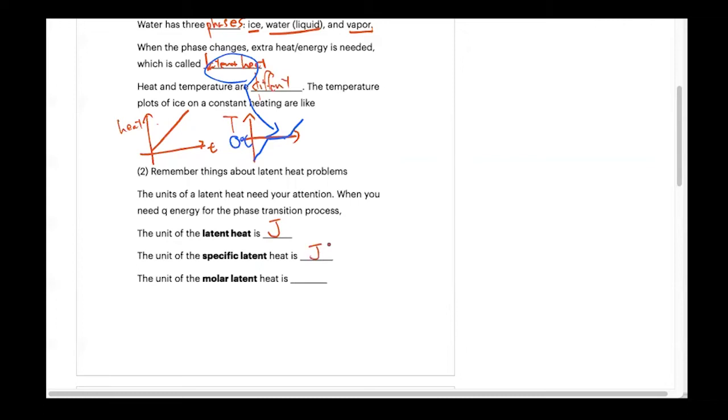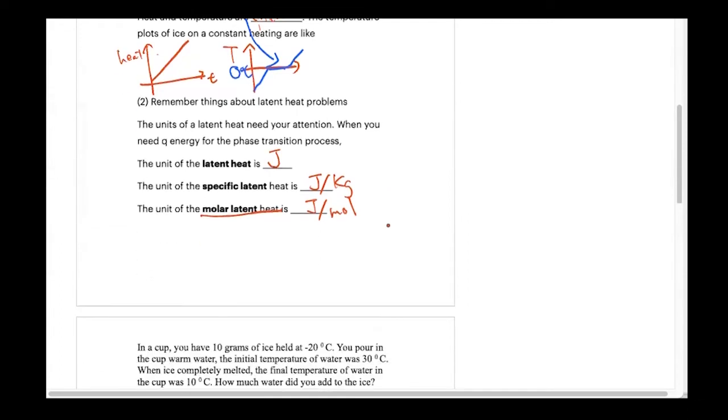So the unit is going to be Joule per kilogram. And the unit of the molar latent heat, basically the latent heat per 1 mole, is going to be Joule per mole. So these are the only things that you need to remember in order to solve the problem of latent heat.